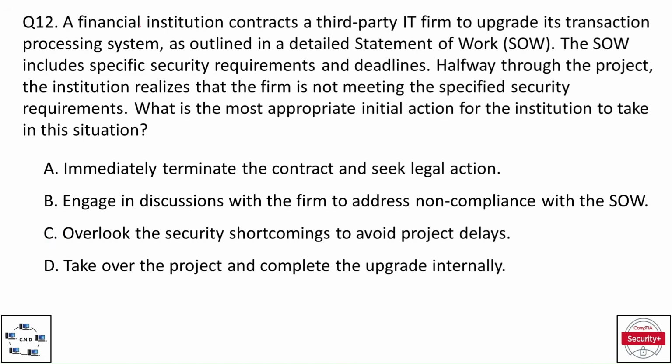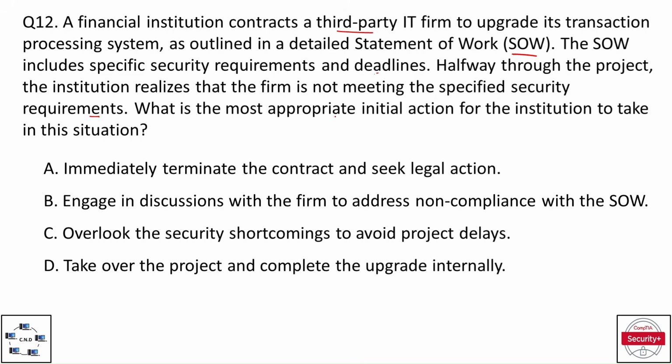Question number 12. A financial institution contracts a third party IT firm to upgrade its transaction processing system as outlined in a detailed statement of work, or SOW. The SOW includes specific security requirements and deadlines. Halfway through the project, the institution realizes that the firm is not meeting these specified security requirements.